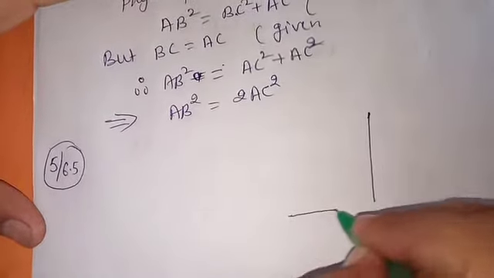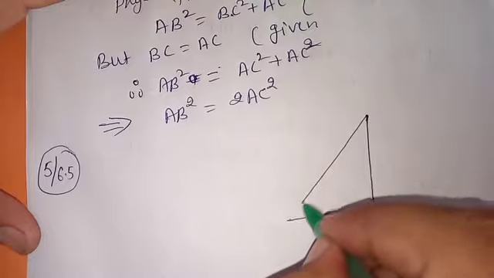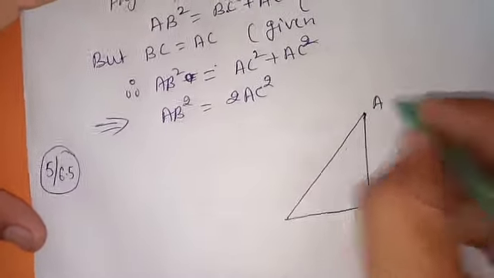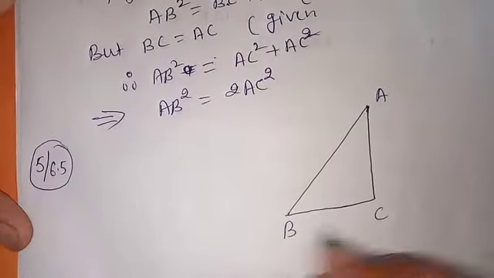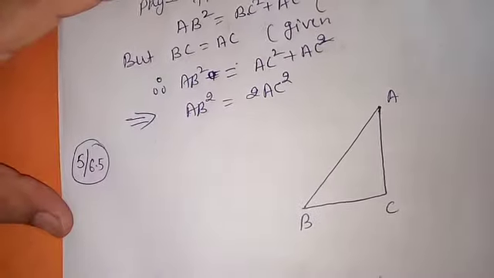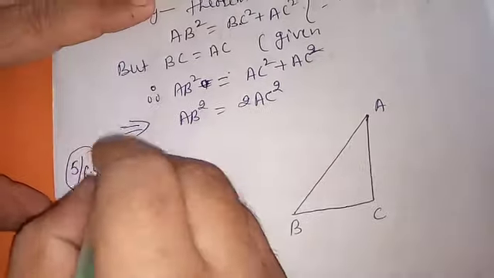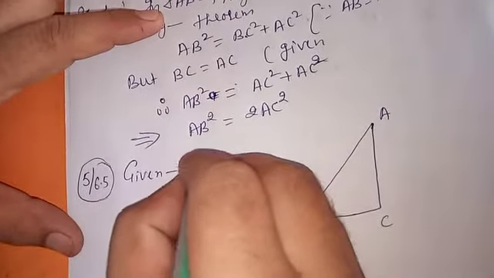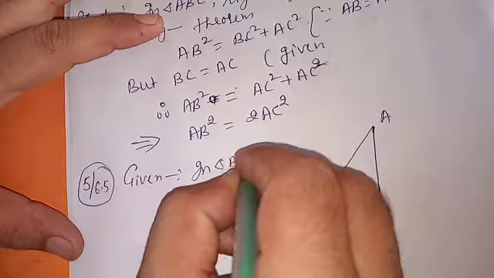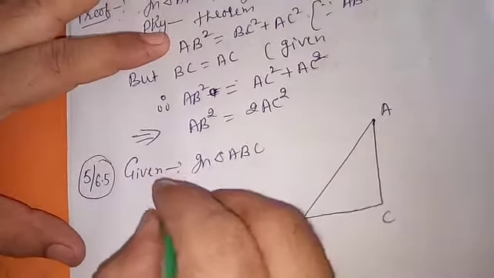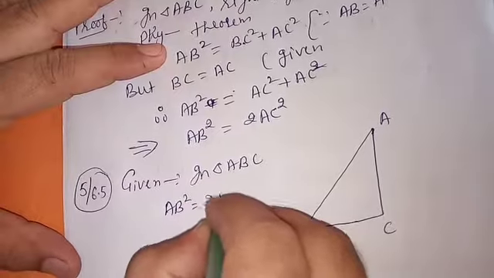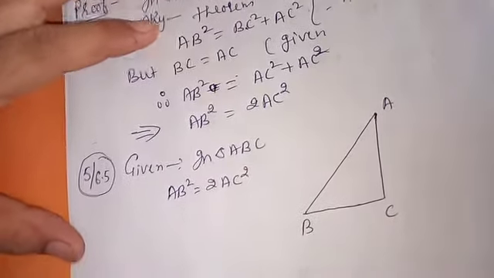Given, in triangle ABC, AB square is equal to twice AC square.